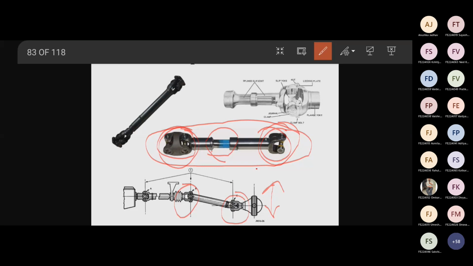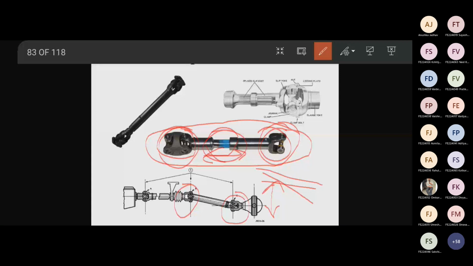If the angle changes, when this line becomes like this or like this, length of that line will change or not? So in propeller shaft, length is changing. To accommodate this length, this slip joint is there, right? Again, this slip joint has grooved shaft so that it can move axially on this. That is how the propeller shaft is working.